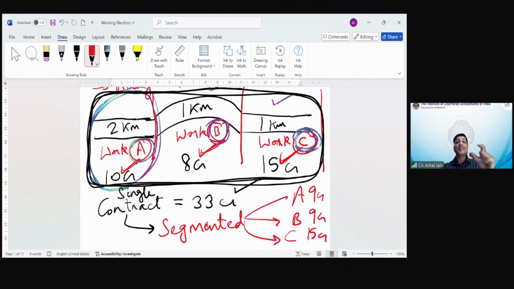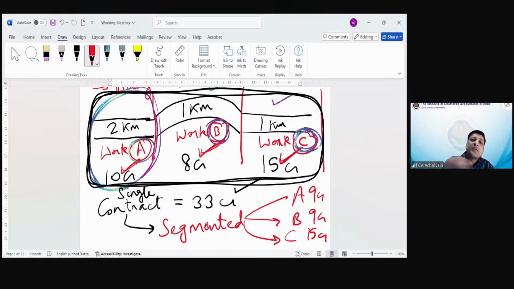So now in segmenting, what have you done? You have picked up a single contract and divided that contract for accounting purposes only. Legally, we are not saying that we'll now be required to execute three contracts. No. Legally, that single contract will continue.